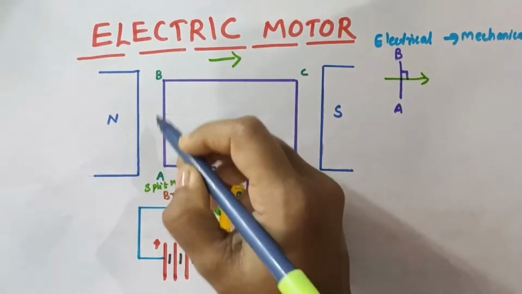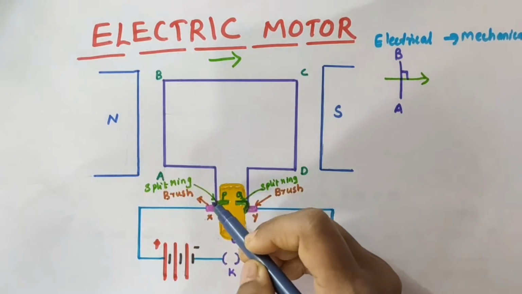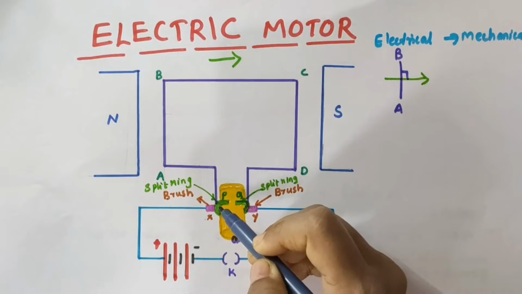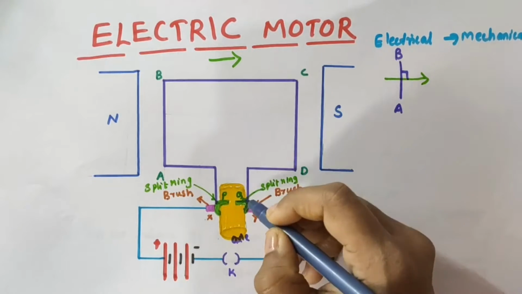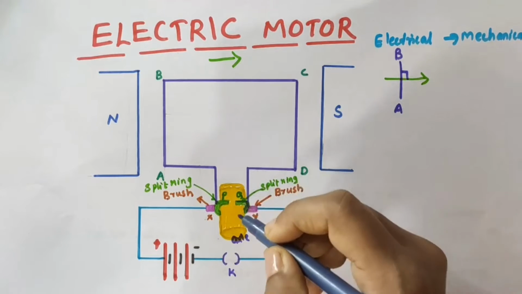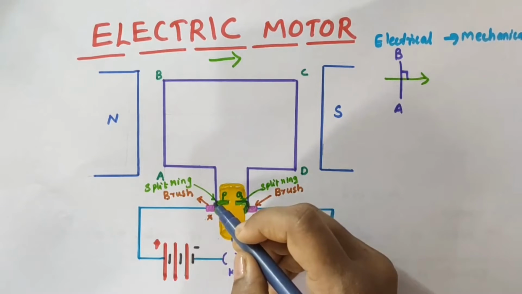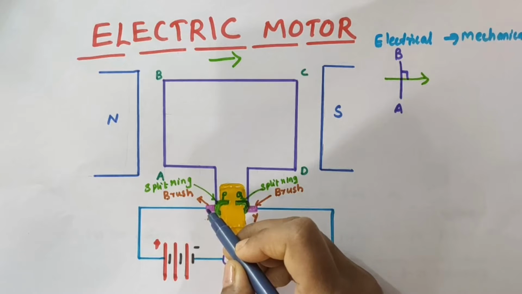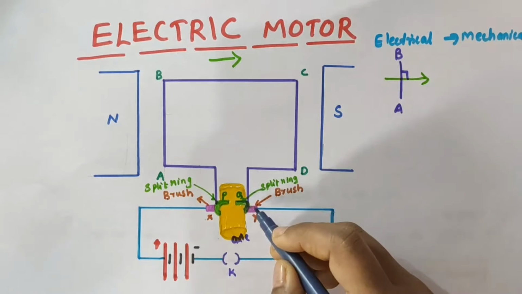The end A of the coil is connected to this half, P, and this side the end D of the coil is connected to this half of the split ring, Q. Okay, and then the conducting outer edge of P touches the brush here, and the outer part of the split ring Q is connected to the brush Y here.